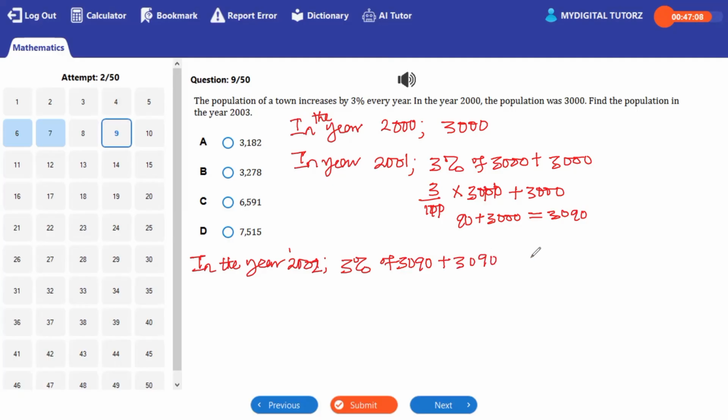This has been the trend. So this will be 3 all over 100, multiplied by 3,090 plus 3,090.